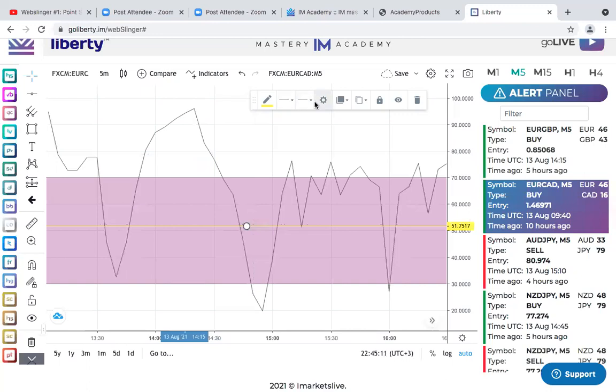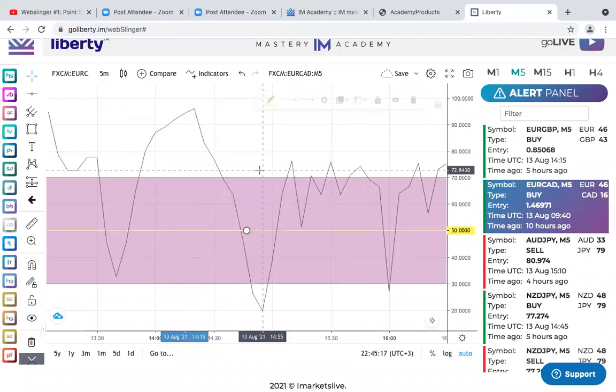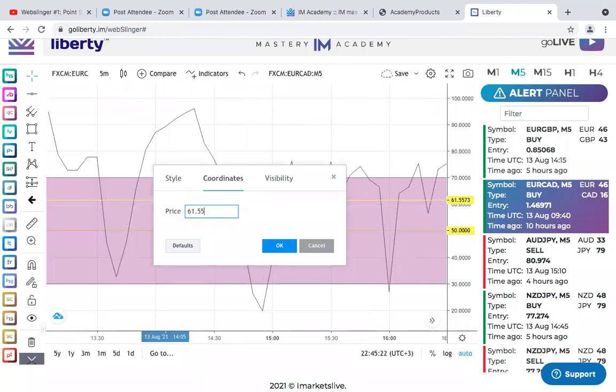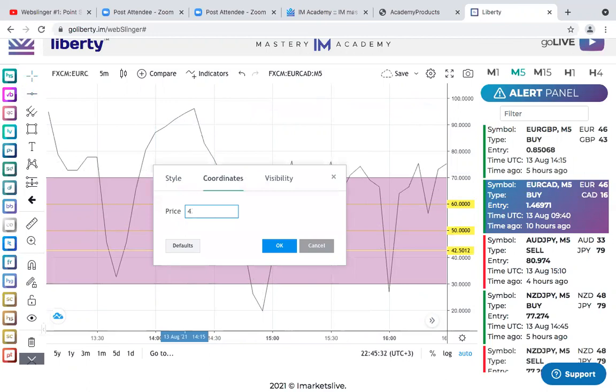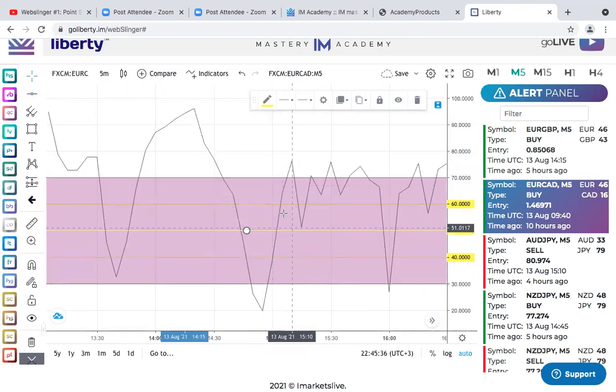I'm going to put the 50. I'm going to put the 60. Then I'm going to put the 40, right? And just watch these areas.